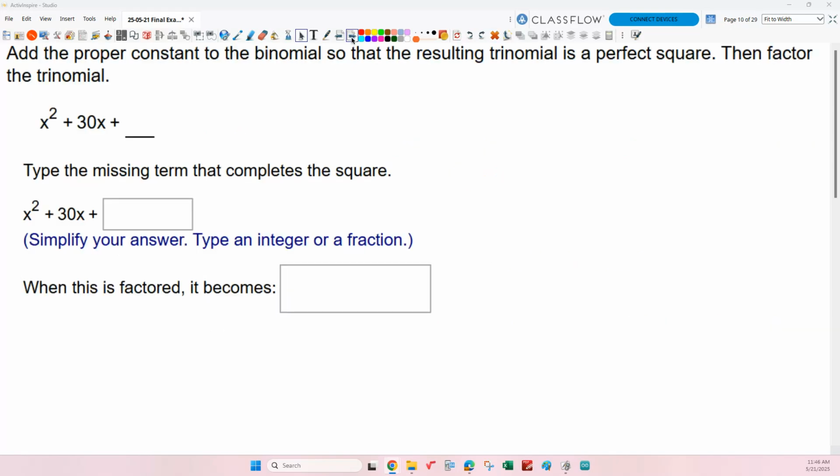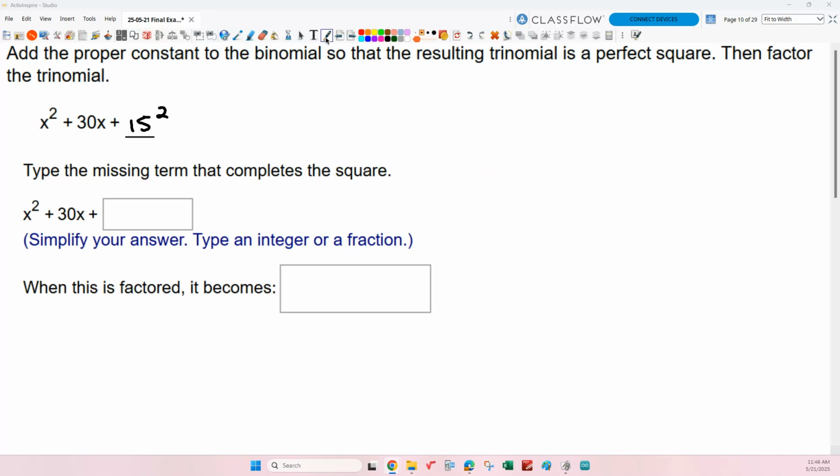Oh, kind of. Okay, so if we look at this one, we want to use completing the square. So we have x squared plus 30x. What's going to be my c? 15 squared. Because we have b over 2, which would be 15 squared.